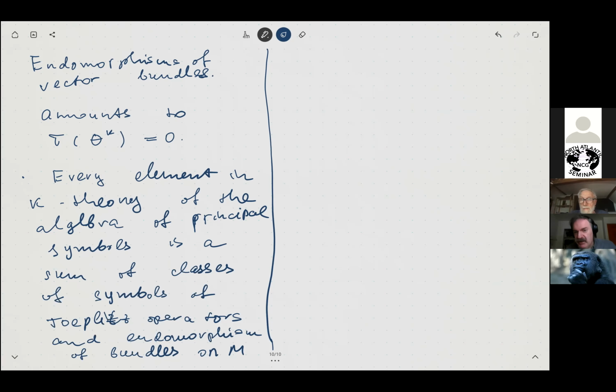Since our formula gives the correct answer for those operators, it would give the correct answer for every K-theory class.